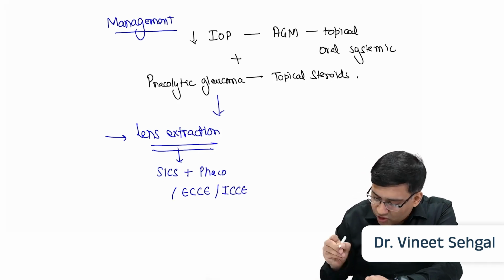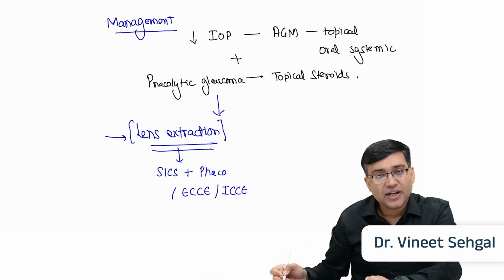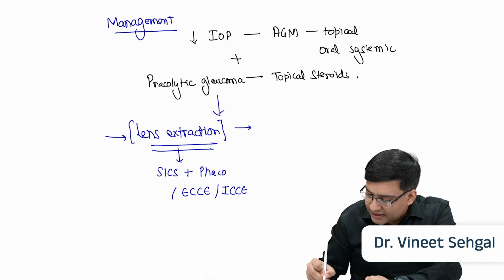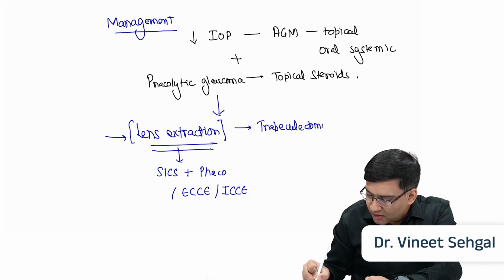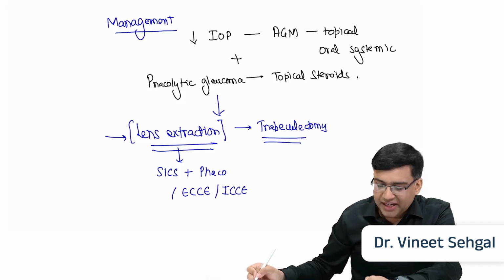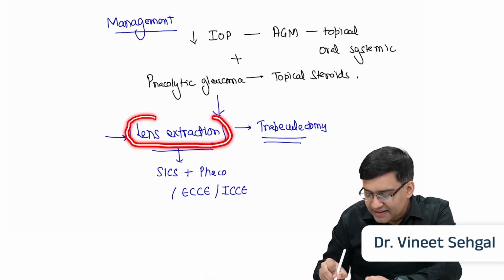So you particularly have to do a lens extraction. If even after this the intraocular pressure is not controlled, then you can go with the trabeculectomy surgery or combine them as well. Okay, so this is the management of lens induced glaucoma. So the primary management here is your lens extraction.